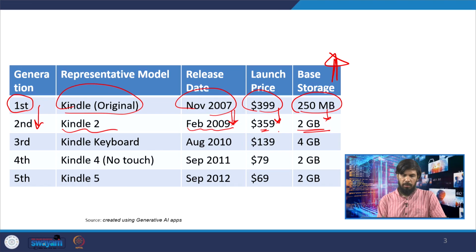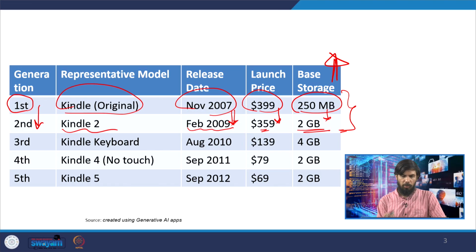So, again this is reflecting what we already talked about, the phenomena of fast cheap computing and how that impacts the demand. Because the price goes down and the storage is also significantly better in comparison to the original version, more people would be willing to buy, right.